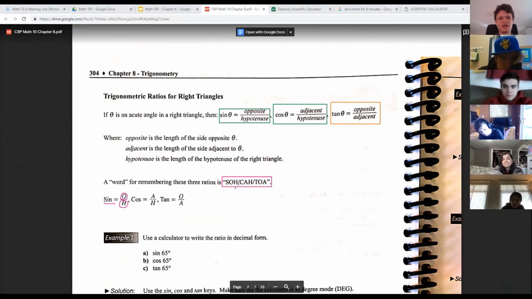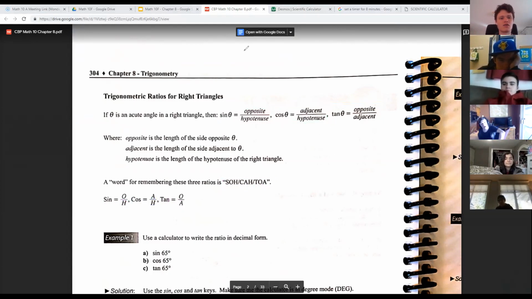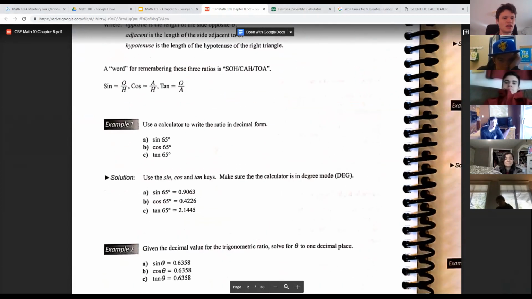And then the CAH tells us that cosine is adjacent over hypotenuse. And then TOA tells us that tangent is opposite over adjacent. Okay, so it's a mnemonic, right? It helps us remember sine, cosine, and tangent.